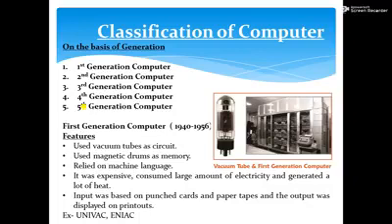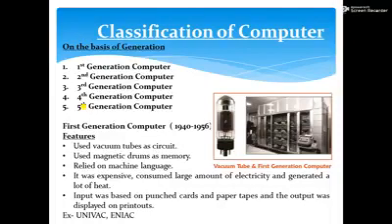Let's discuss some features of this generation. First generation computers use vacuum tubes as circuit. So what is a vacuum tube? A vacuum tube is a device generally used to amplify signal by controlling the movement of electrons in a vacuated space.